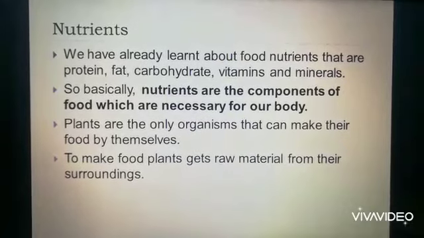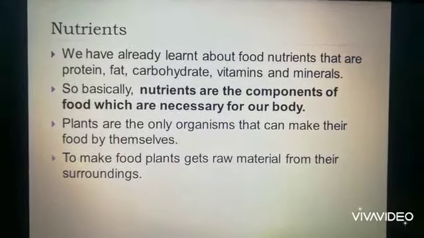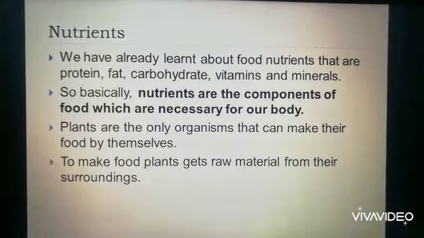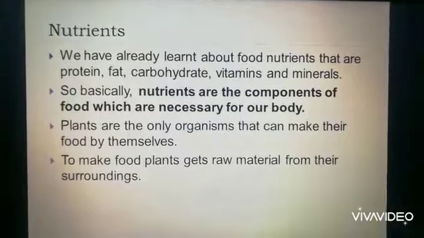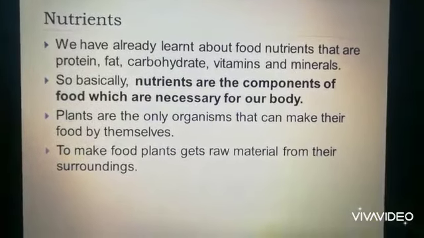So for making food in photosynthesis, plants require raw materials, that is water, carbon dioxide and sunlight, which they get from their surroundings.